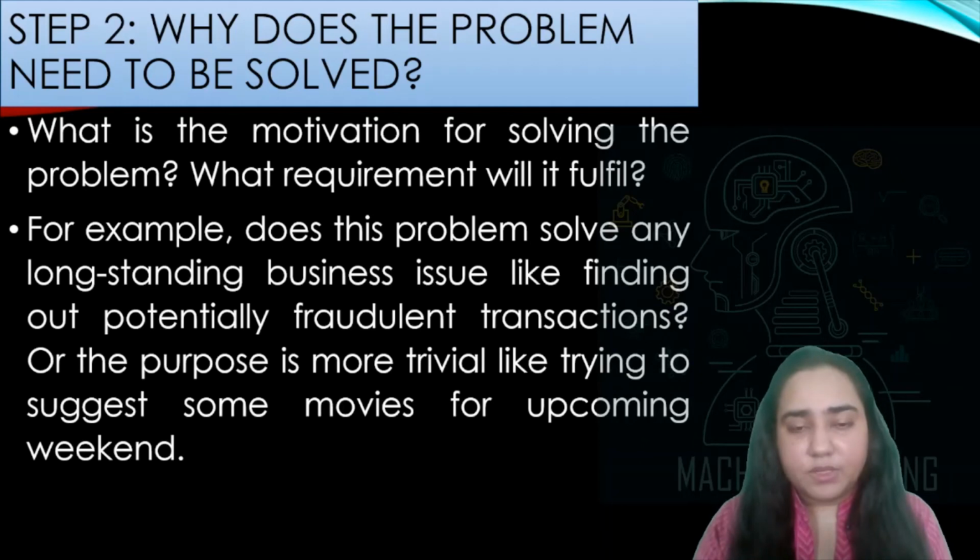For example, does this problem solve a long-standing business issue, like finding potentially fraudulent transactions? Or is the purpose more trivial, like suggesting some movies for the upcoming weekend? The purpose of solving the problem is also necessary because some problems would require more accuracy and speed can be compromised, while some would require more speed instead of accuracy. So that is important.